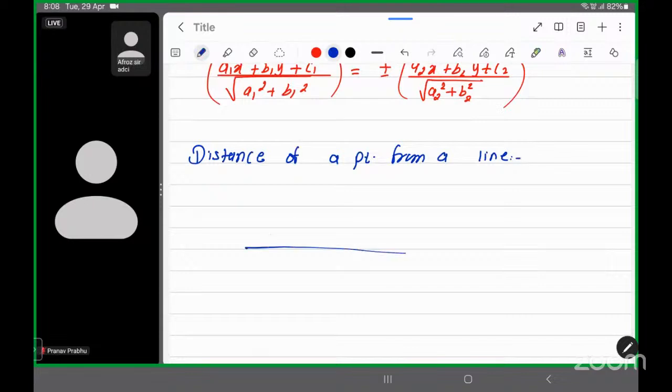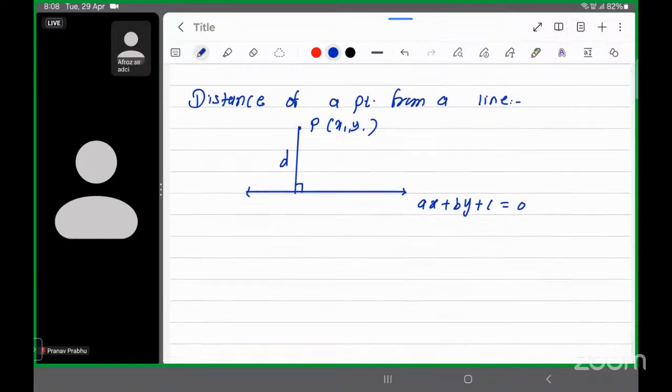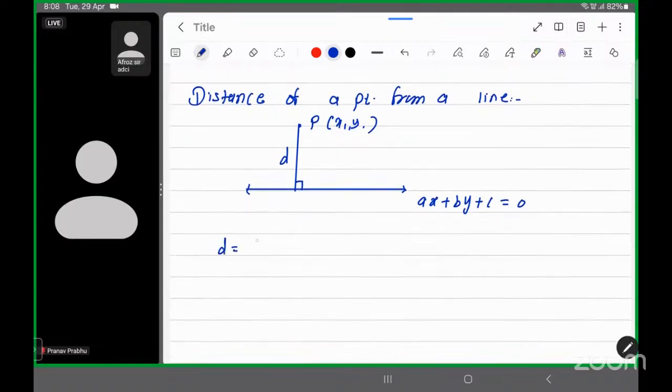This is a line which has the equation ax plus by plus c equals 0, and I want the distance of a point P, say (x1, y1), from this line, say D. Then D is given as mod of ax1 plus by1 plus c upon root of a square plus b square.